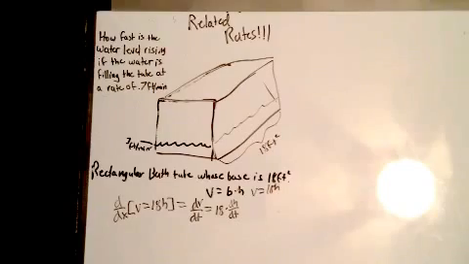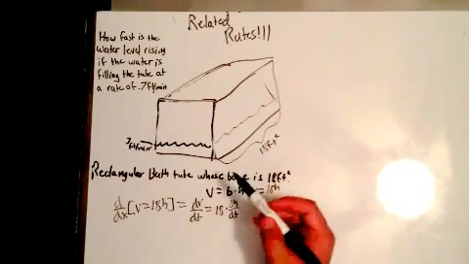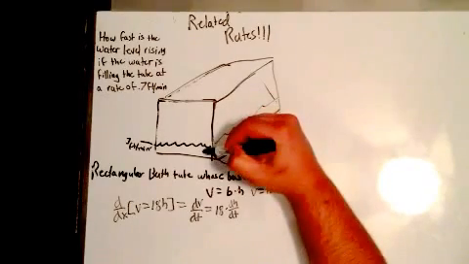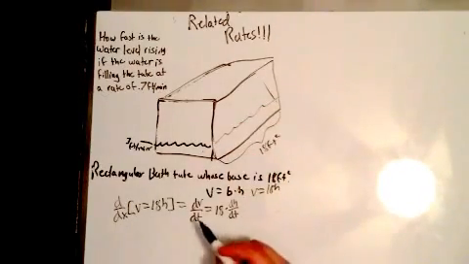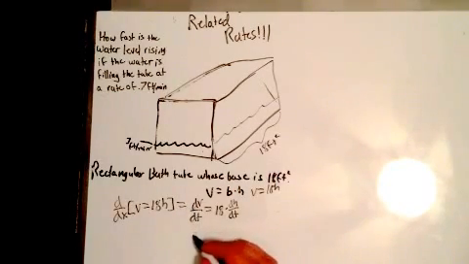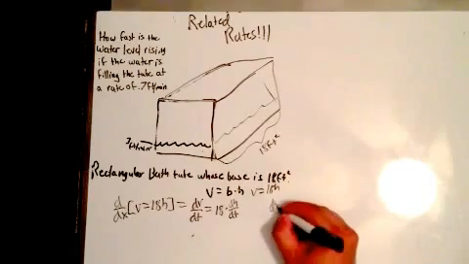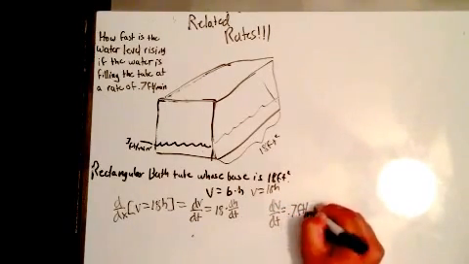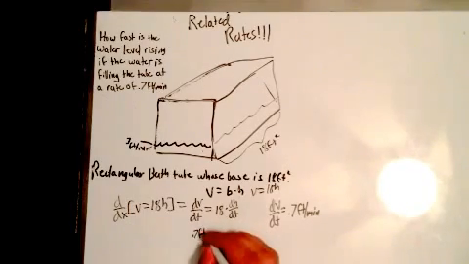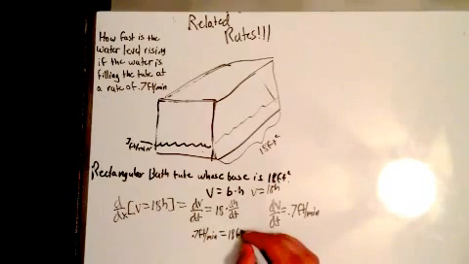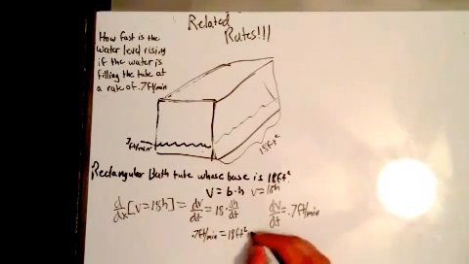You want to know how fast the water level is rising when the tub is filling up at 0.7 feet per minute. So we know the volume is increasing at 0.7 per minute, so we can plug in: dV/dt is equal to 0.7. So 0.7 is equal to 18 times dh/dt.